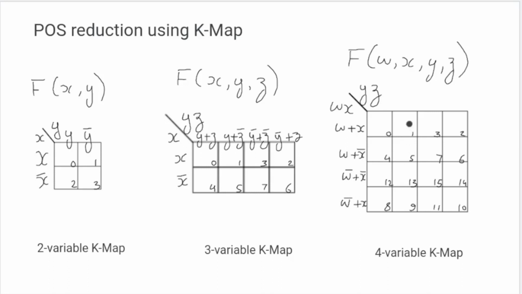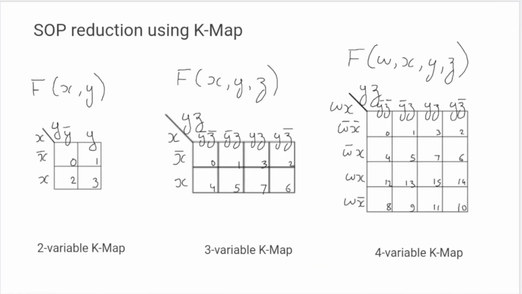The same goes over in the horizontal axis. So here we'll have y plus z, y plus z complement, y complement plus z complement, and finally y complement plus z. So this is how we label and number the K-map in POS form as well as SOP form.